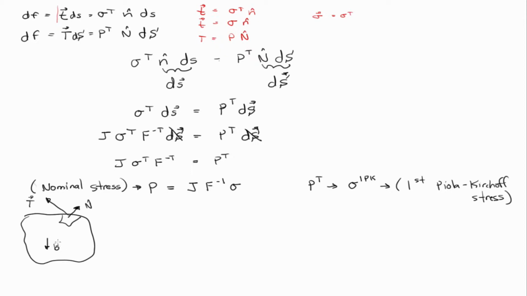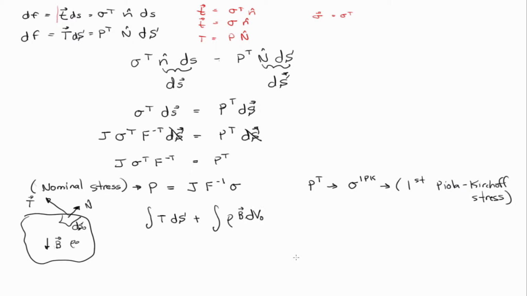I'll use a big V for that. We also have a density in the reference configuration and a volume in the reference configuration. So let's just write down the terms. By the way, we have dS, big S. So we have the integral of T dS plus the integral of rho b dV0.